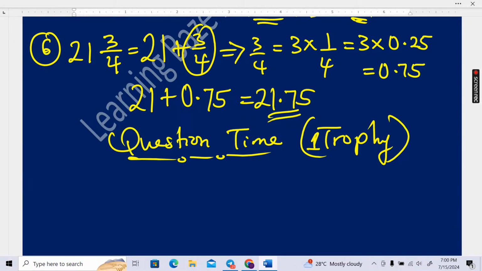All right? So the first question, rewrite this fraction in decimal. Mind you, I'm only going to reward the first three correct students, okay? First three students who will get the answer right will get one trophy.